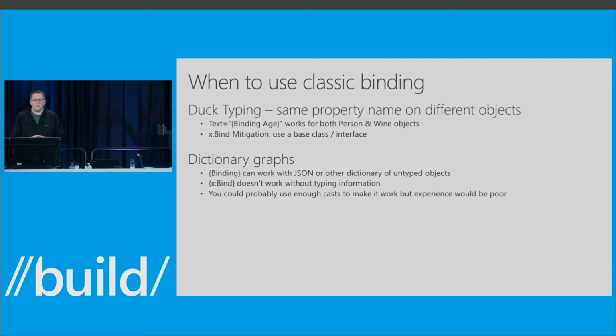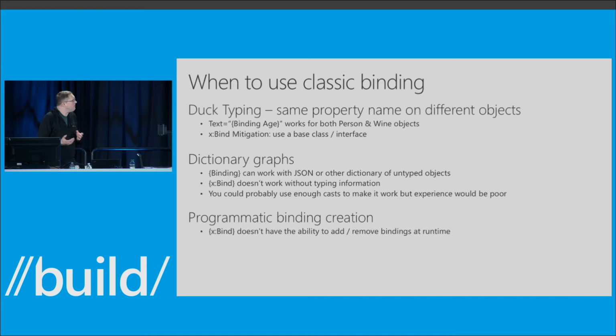Dictionary graphs, similarly. If I got a blob of JSON and I download it into a Newtonsoft JSON object or whatever, we don't know from that, if I haven't serialized it into proper classes, what the types are. Classic binding works better if you want to dot into those types of objects. Finally, we don't support programmatic binding creation.